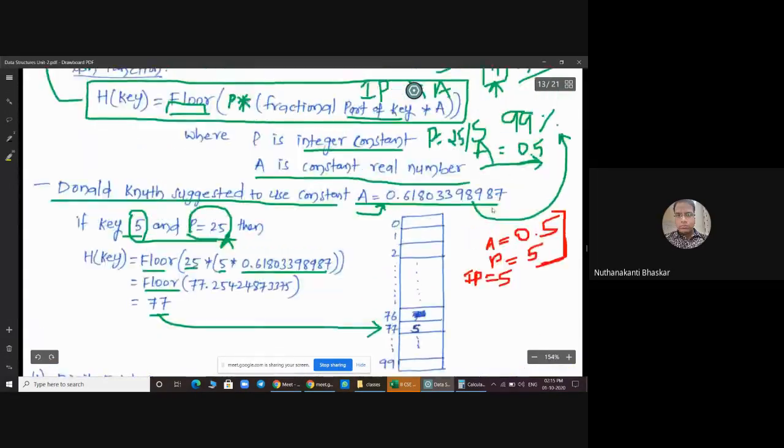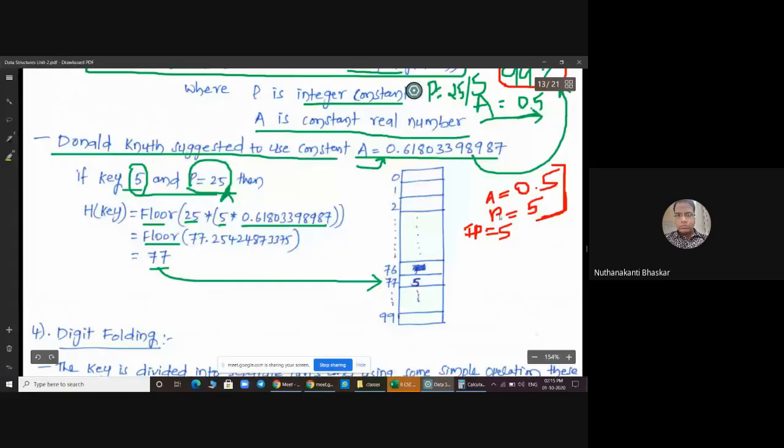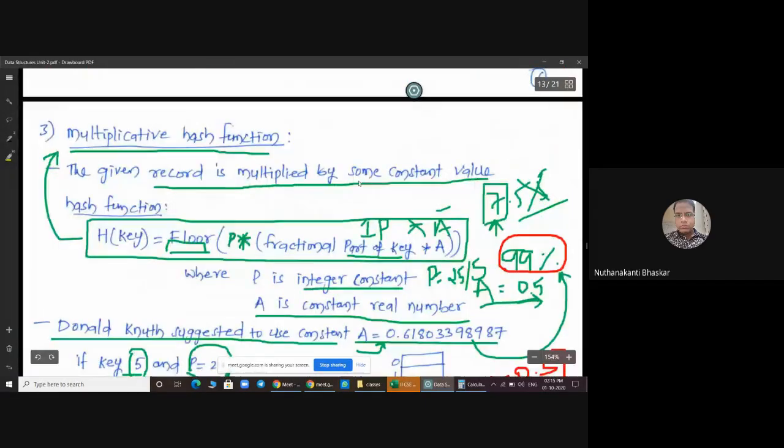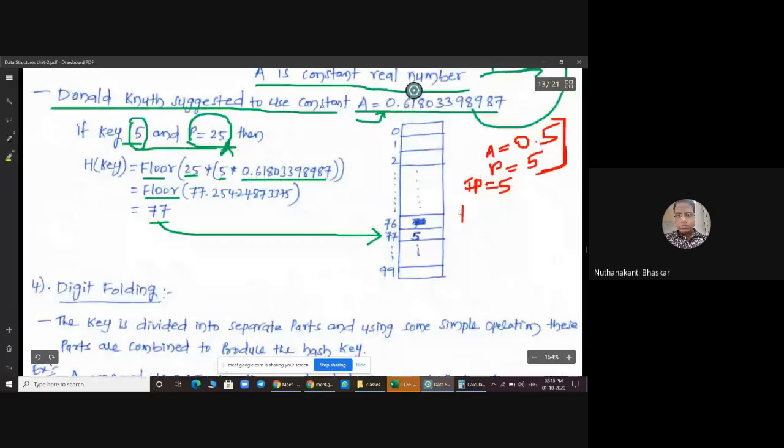Only in one case, if you want a 99% collision-less data structure, then you can use this Knuth real constant. Otherwise, you can use anything. Then I'm going to do this without the Knuth constant for the multiplicative hash function. What should I write? Floor of, what is the P value? P is 5. You can take any P value.